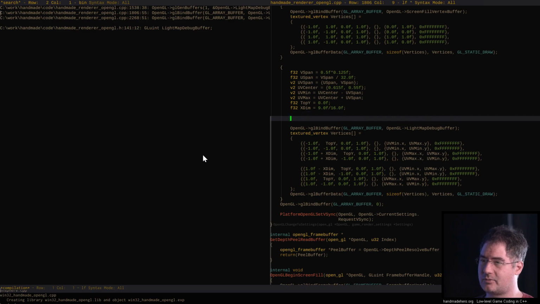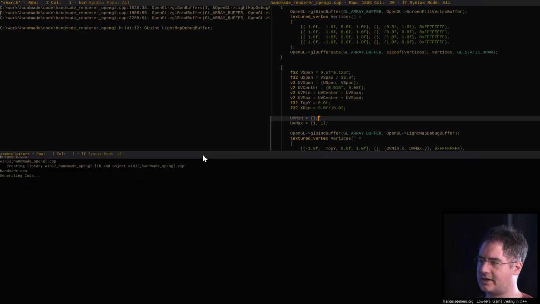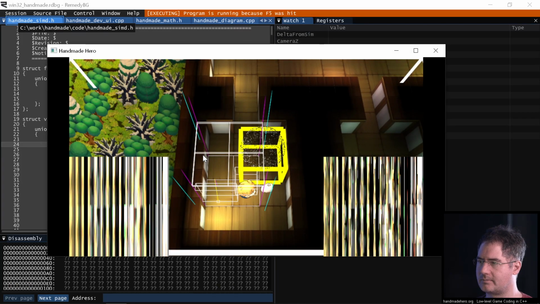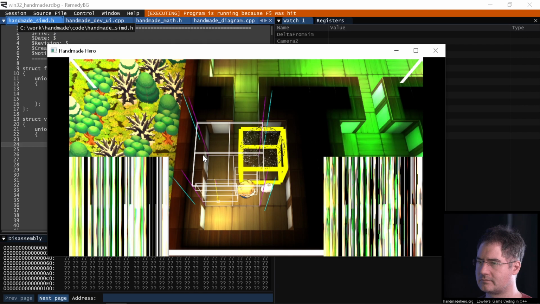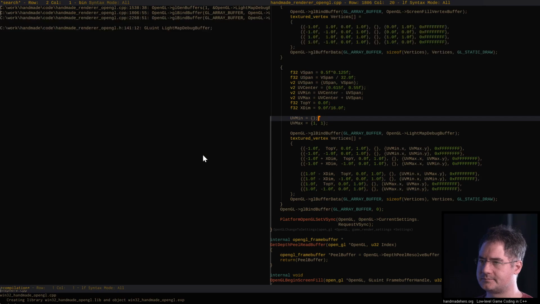I mean, it seems like we probably just want to do this. If we take the UV min and the UV max and just set these equal to 0 and 1, would that just show us the whole map? Yeah. Maybe I'll look at slightly less of it just to see.